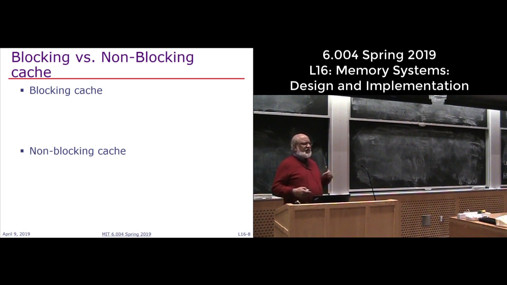But in a non-blocking cache, you can be more sophisticated. If there is a sequence of references you want to make to the memory, even though we get a miss on the first one, we can look at the second one, and say, got lucky, got a hit on the second request that I'm sending into the memory. And let me process that.